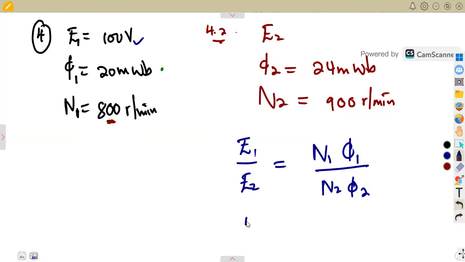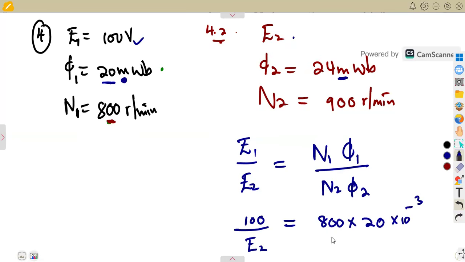So you're given E1, which is 100, over E2, which is the one that we need, is equal to N1, which is 800, times the flux, which is 20 milliwebers. Since this is also in milliwebers, there is no need for us to write that. Yes, you can write times 10 to the power of minus 3, but there's no need. Then the speed being 900 times the flux 2, which is 24 times 10 to the power minus 3.